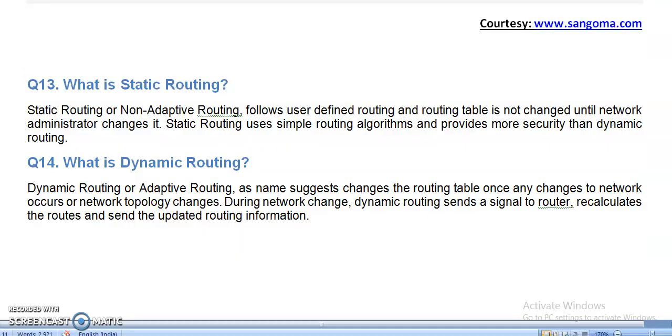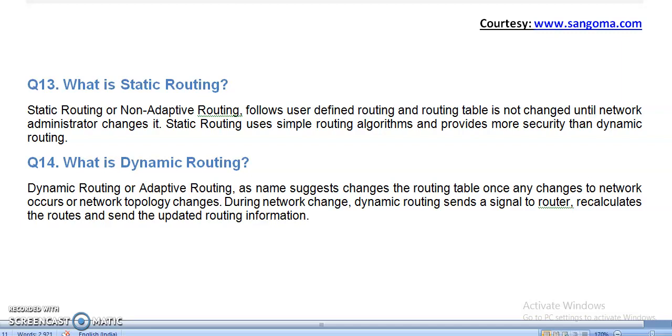Now regarding the types of routing, we have just studied that there are two types: static routing and dynamic routing. So what is the difference? Just study the static routing definition. Static routing, or non-adaptive routing, follows user-defined routing, and the routing table is not changed until the network administrator changes it.